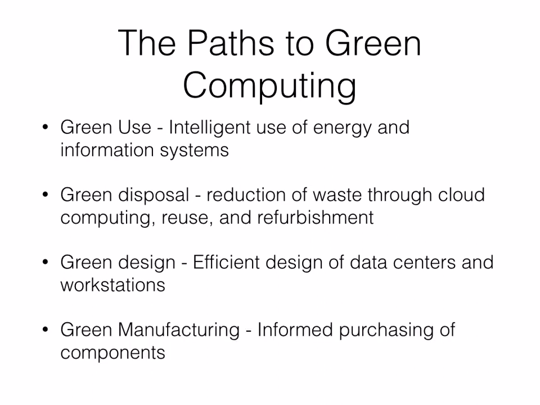Green manufacturing, the informed purchasing of components, is another way to do it. Make sure that you're not purchasing computers that use materials that are harmful to the environment. Do some inspection into what you're purchasing and making sure that those manufacturers have good green computing practices.